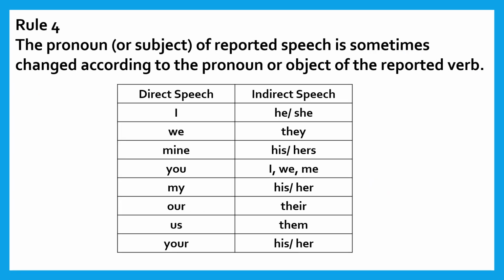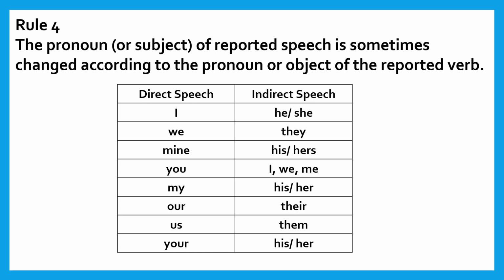Rule number 4. The pronoun or subject of the reported speech is sometimes changed according to the pronoun or object of the reported verb. That means the pronouns in the sentence will undergo a change. Look at the table displayed. In the direct speech, I will become he or she accordingly in the indirect speech.